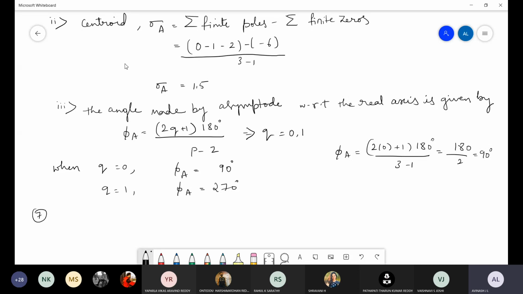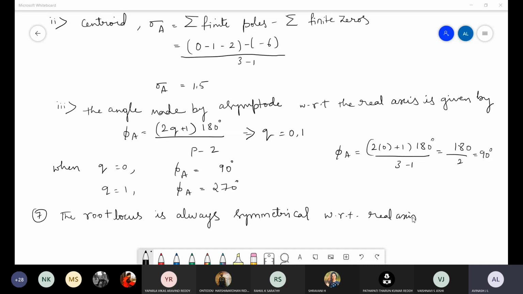So step number 7, I can say that the root locus is always symmetrical. Root locus is always symmetrical with respect to the real axis.